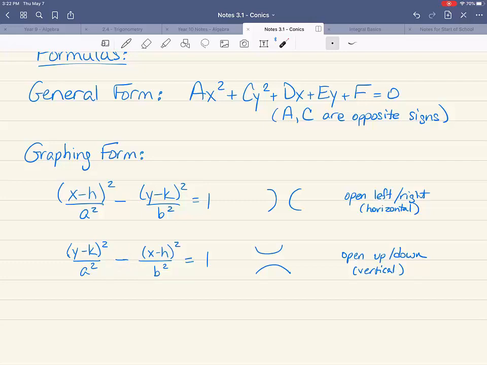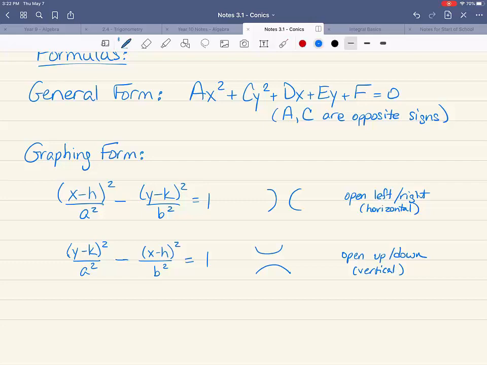The other difference is the fact that on the formulas for the ellipse, the A and the B are what switched places, not the X and the Y. Here, the numerators switched places, and that's because the positive fraction determines the direction it opens. If the positive fraction is the Y, it opens in the Y direction. If the positive fraction is the X, it opens in the X direction.